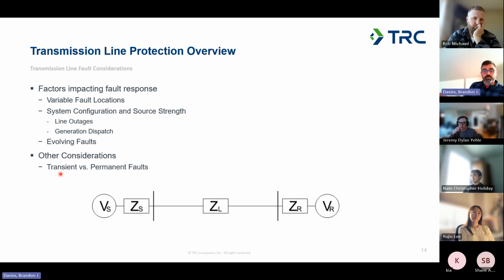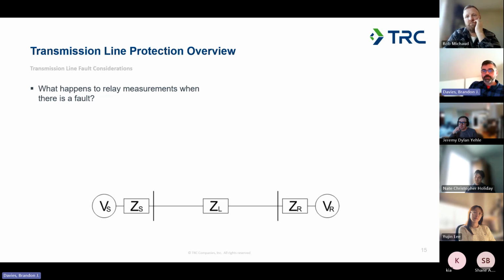Versus a permanent fault, which would be a failure of a component, a downed conductor, something like that. So you can have a couple of different fault types that we need to look at. Because of all of these various things you have to consider, transmission line protection ends up being something we do a lot of analysis on, to make sure we get it right and cover all of these potential scenarios.